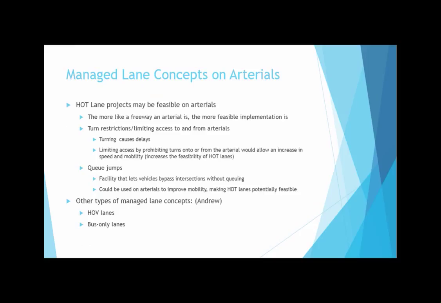So then, applying managed lanes concepts to arterials. As I mentioned earlier, the HOT lane projects that have been implemented in the past have been implemented on highways and freeways, but they may also be feasible on arterials. And a consideration is the more like a freeway an arterial is, the more feasible the implementation. And that's because of the characteristics that I mentioned earlier with the stopping and the intersections.